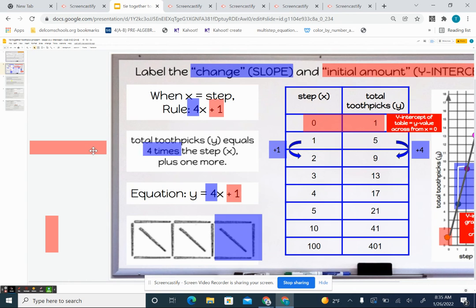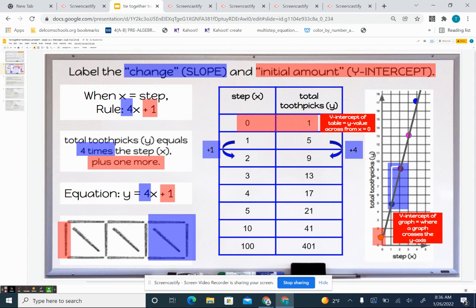In my statement, where I'm talking about the plus 1 more, that plus 1 more toothpick was the toothpick we started with at the beginning. To find your answer, you always had to add that 1 toothpick at the very beginning. In your picture, the y-intercept, or the initial amount, is going to be the toothpick right there, the one that would be considered step 0.